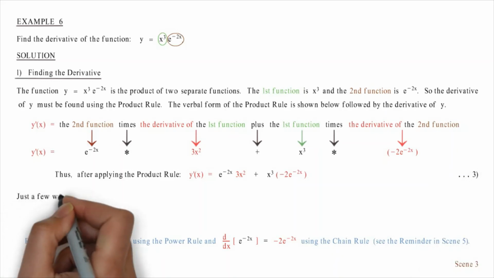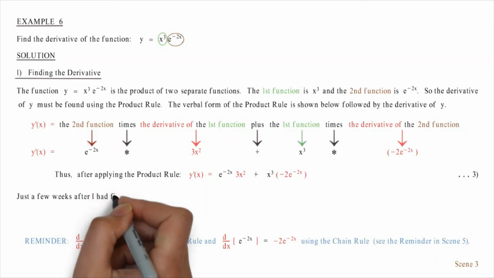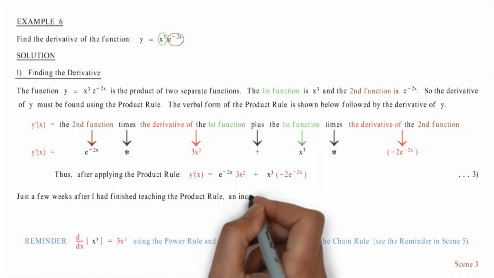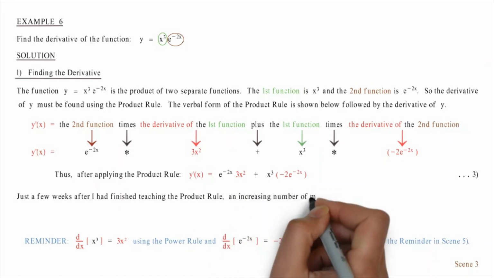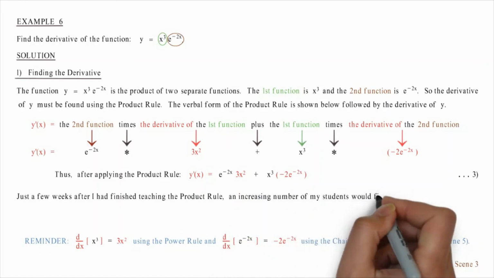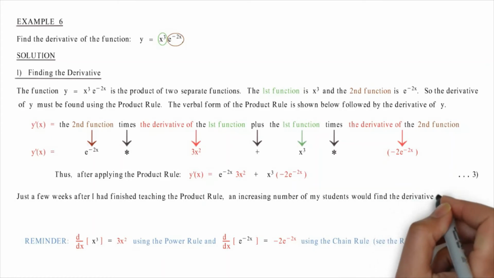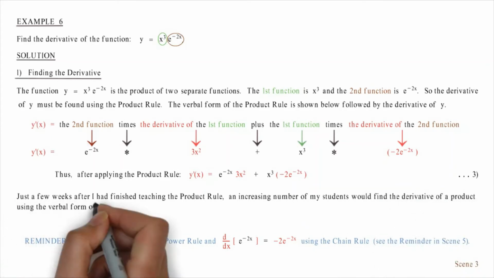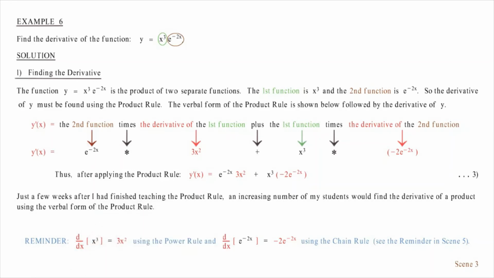Just a few weeks after I had finished teaching the product rule, an increasing number of my students would find the derivative of a product using the verbal form of the product rule.